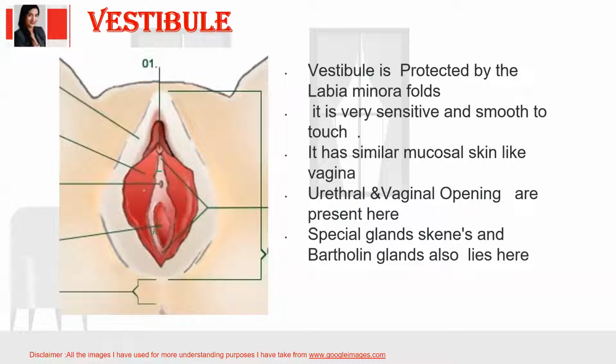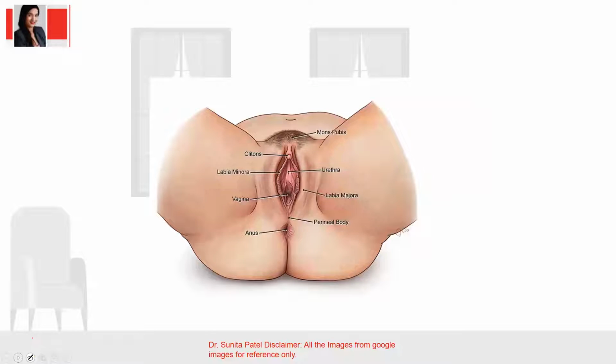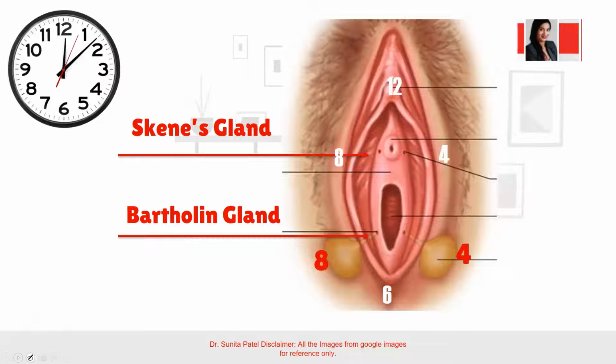Beneath the labia minora, if you open the skin, if you remove this whole tissue, beneath it we have two glands. Big glands are present, and we call them glands of the vestibule.